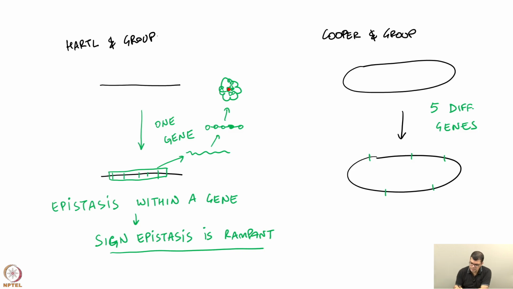That is not the case here, because each of these mutations is in 5 different genes, and these genes, at least in this context, are not coming together and working together as a protein complex. They are all doing their independent things, not directly associated with each other. So, sign epistasis is very prevalent when we are talking of epistasis within a gene, but not that prevalent when we are talking of epistasis between genes.